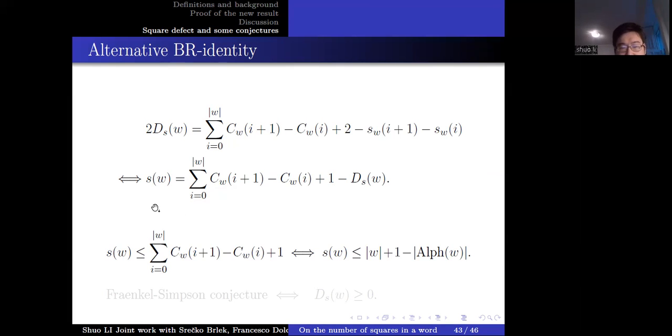So this inequality is equivalent to saying exactly that the number of squares in W is upper bounded by the formula that we have just proved. Moreover, the Fraenkel-Simpson conjecture is equivalent to saying that the square defect is always positive.